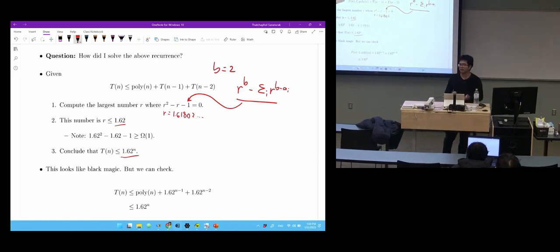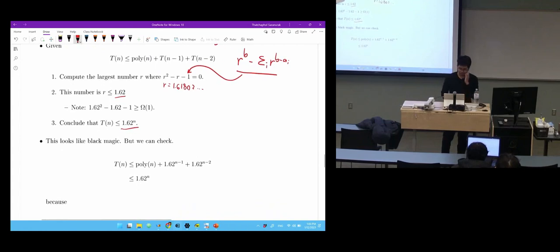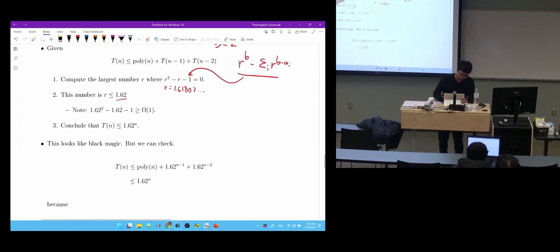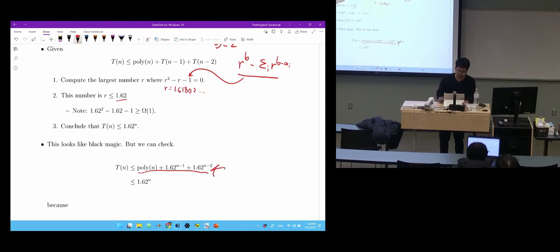So let's try to check that. Okay, we don't know how this came to you, but let's check. We just use the induction hypothesis to get this. Just apply the induction hypothesis and you get this inequality. And we want to claim that this thing is actually less than 1.62 to the n.